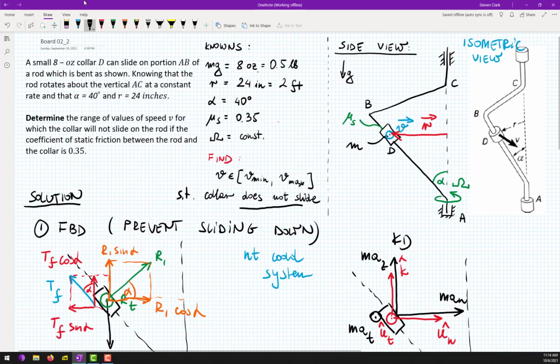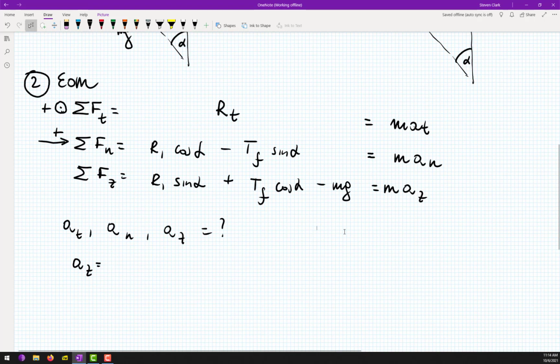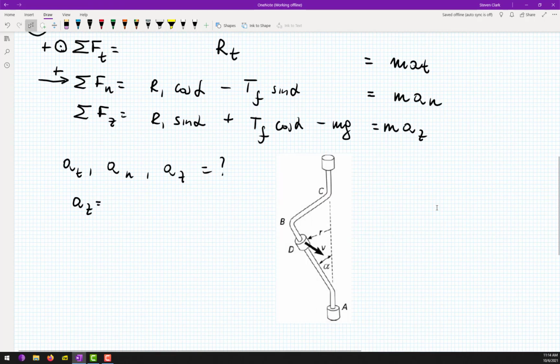If you look even at that drawing. What is AZ? Perfect, exactly. This will be 0 because it does not move up and down, yes?